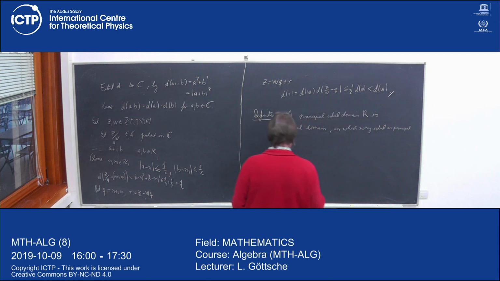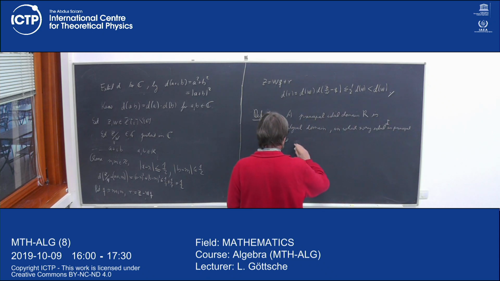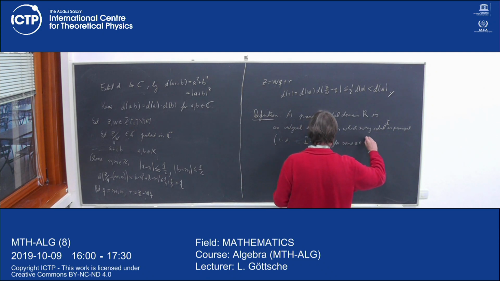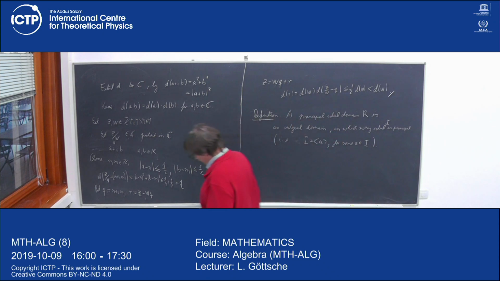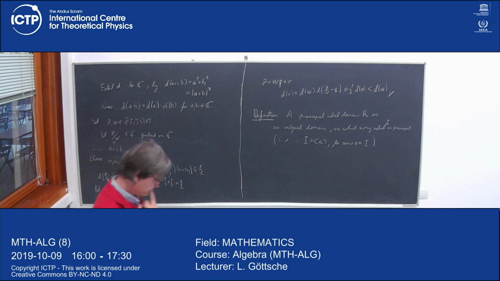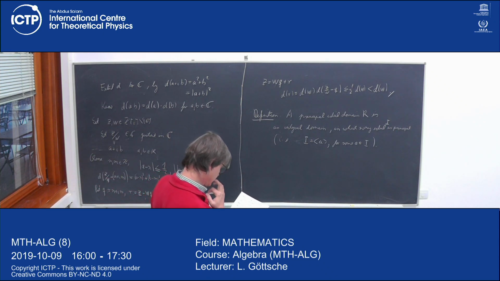So that means every ideal I, I can always write as the ideal generated by one element in R. Okay, so obviously this seems a strong property. We have to see that this even exists.